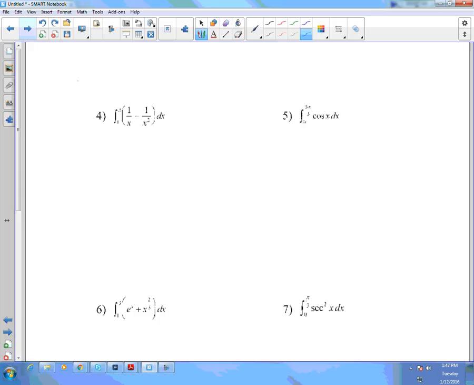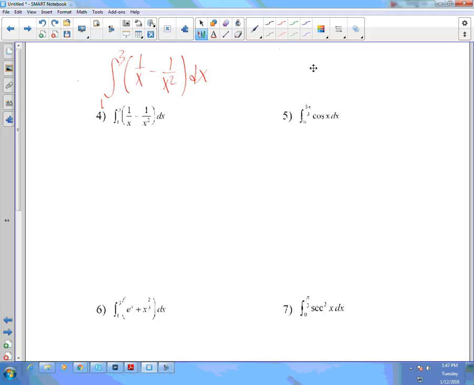All right, number 4. We haven't been on these yet. Think about it. 1 over x minus 1 over x squared dx. Well, you can do this in 2 ways. We can do power rule, which we've already practiced, or we can use another rule.